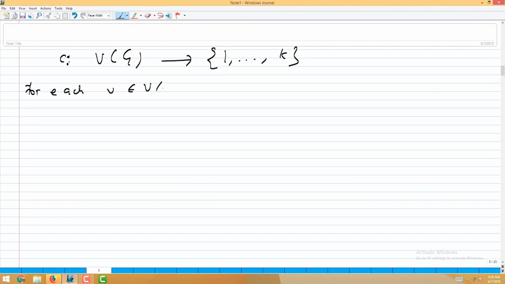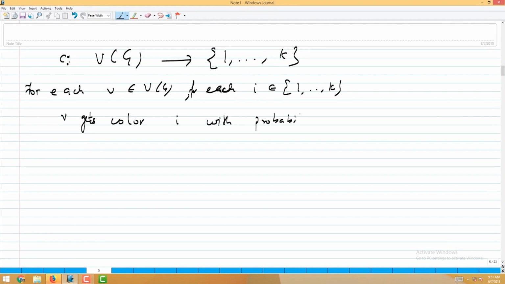For each v in V(G), and for each i in 1 to k, v gets color i with probability 1 by k. So this is the experiment that I do, and after the end of this experiment, all the vertices of the graph are colored with some color from 1 to k.